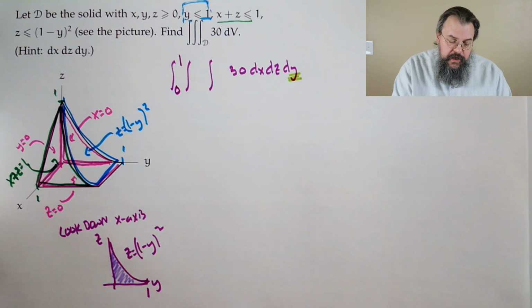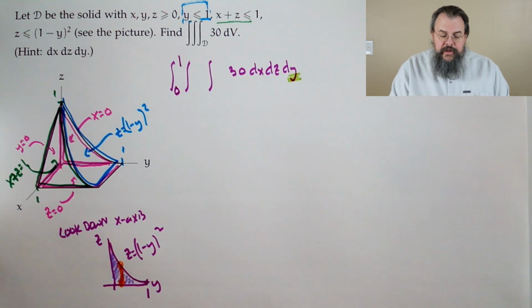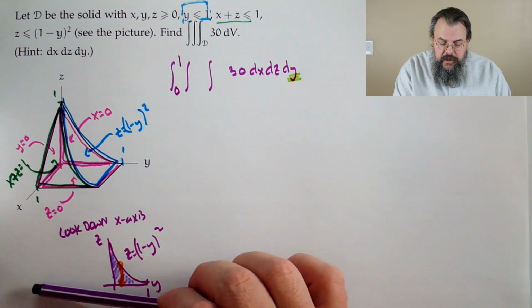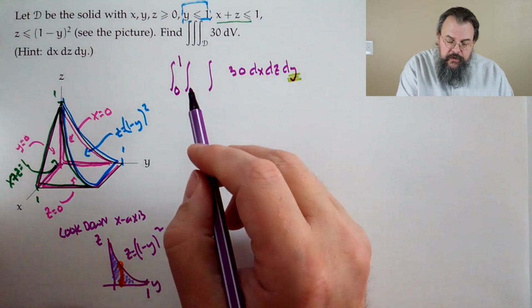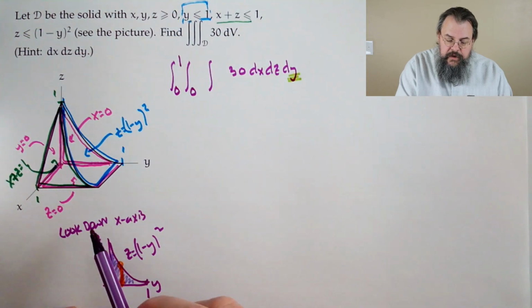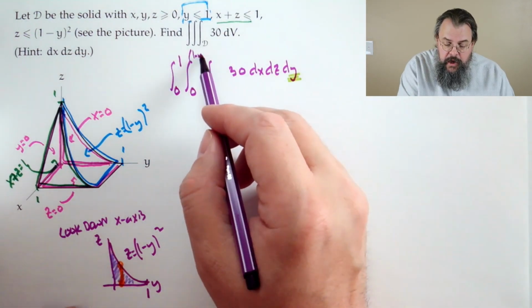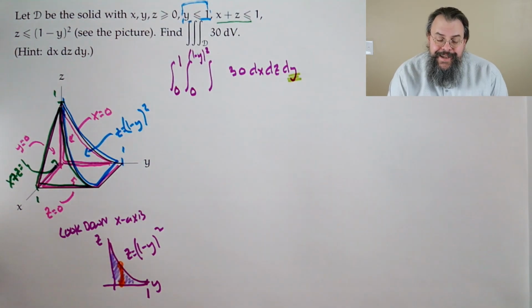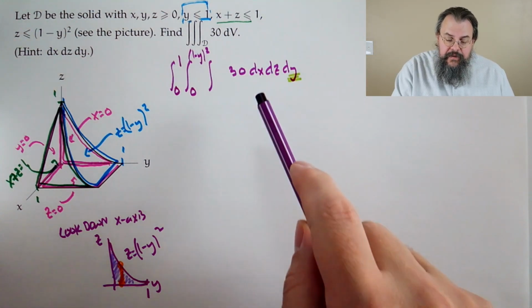Where does z go between? Well, we're going to go from curve to curve. So what are the curves? The bottom curve here is the curve z equals 0. So we're going to go from 0. The top curve is the parabola, 1 minus y squared. All right, good. And now we're ready to push in one more layer and do the x.